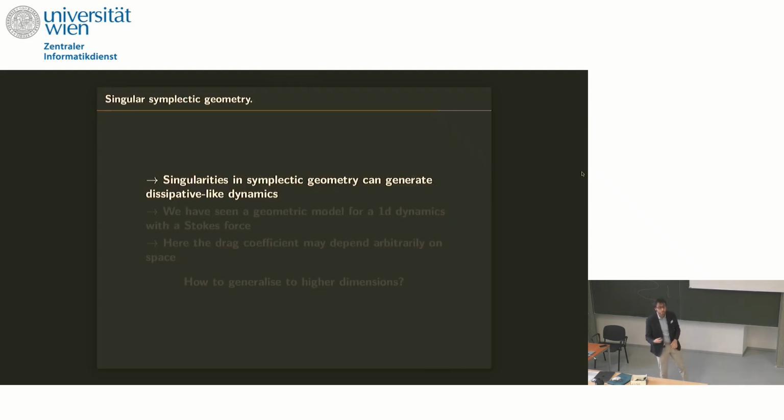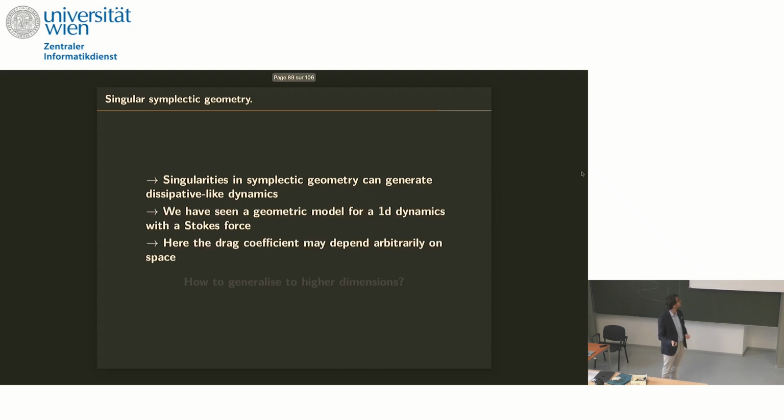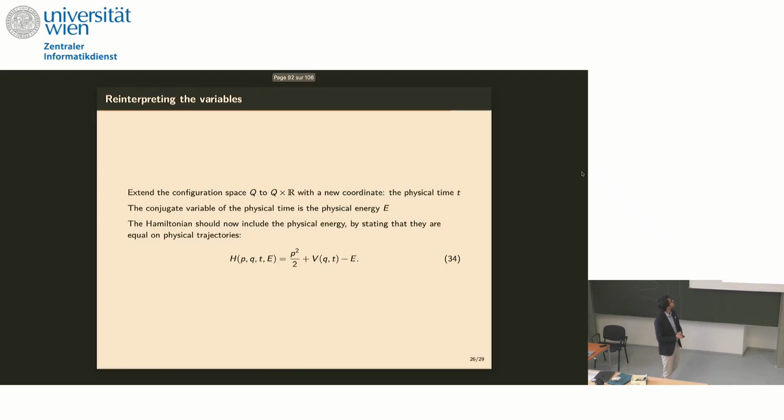So now let's try to generalize this a little bit. We have seen that this singularity can introduce some dissipation. Let's try to generalize this to more generic and higher dimensional systems. So for this, we start from a physical system. We have a configuration space Q. We have the usual phase space, but we will add new dimensions.